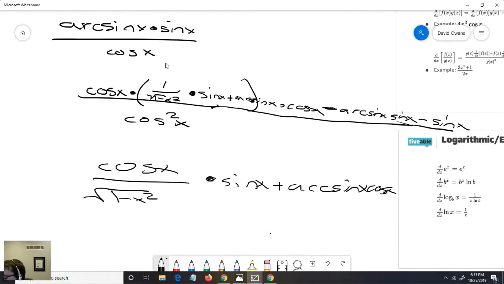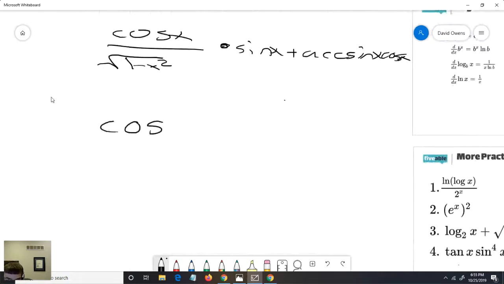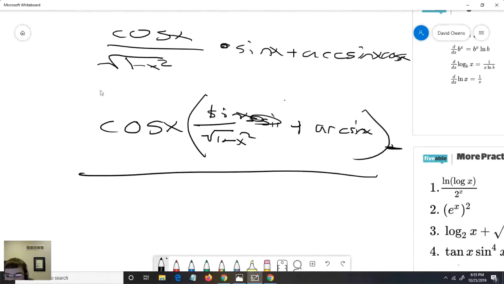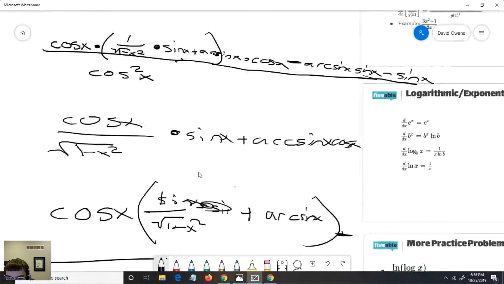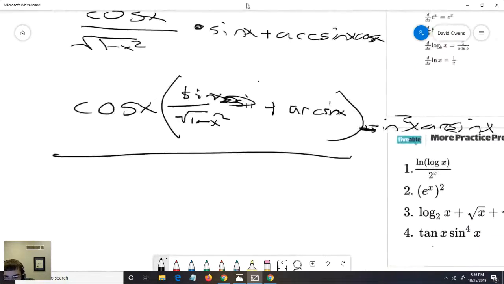Simplifying that first half again, we get cosine x, which we can pull out, times 1 over the square root of 1 minus x squared times sine x, plus arcsin x, minus this second part, which is, again, sine squared x arcsin x over cosine squared x.